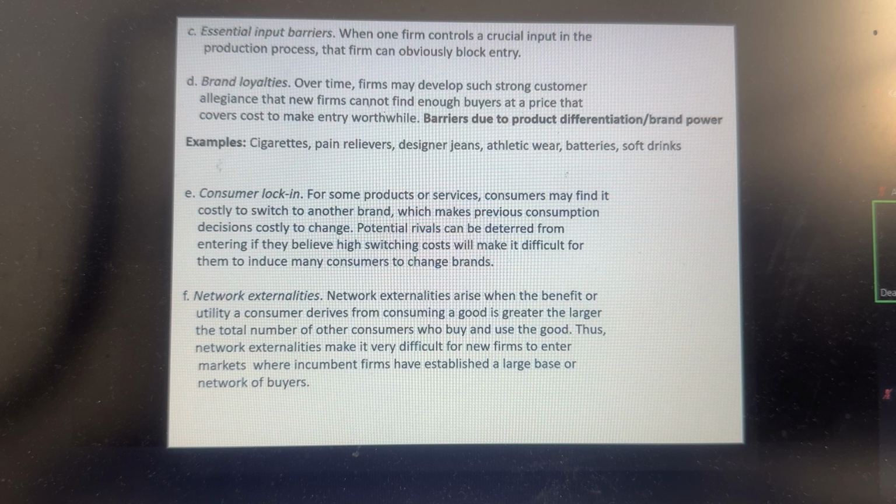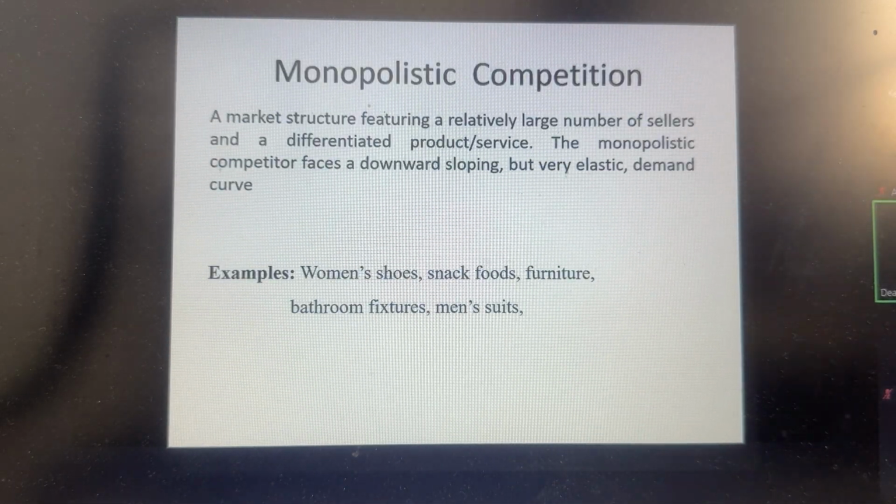Then newcomers cannot enter the market because everyone is interested in Dialog. Those are the common types of entry barriers which prevent newcomers from entering the market. So read those things with examples as well.